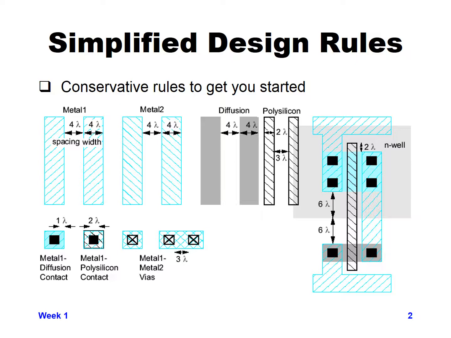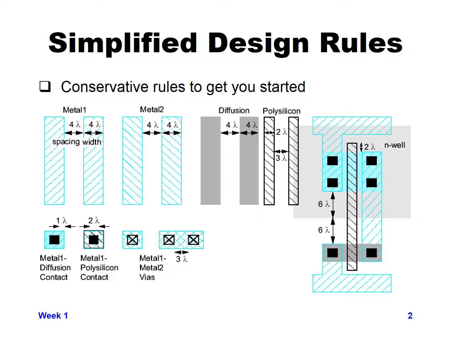If you just had the metal exactly over the via and there was a little bit of shift in lining up your mask layers, you could have a complete open and you don't have a connection to the metal. So you need to overlap the metal, and that overlap distance might be 1 lambda, for example. And for your actual contact itself, the second thing from the left in the bottom left, it shows 2 lambda. That's the actual size of the via itself.